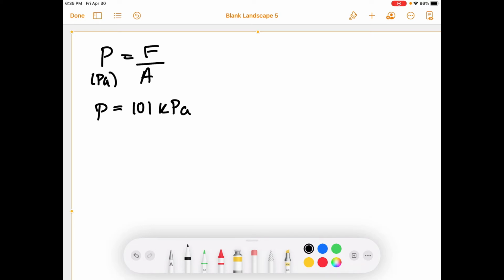So what do we have to do to get from kilopascals to pascals? We have to convert. Remember, 1,000 pascals is 1 kilopascal. So we simply multiply 101 by 1,000. So pressure is 101,000 pascals. Now, we also know that the area is 1.80 meters squared, but we need to find what force is.